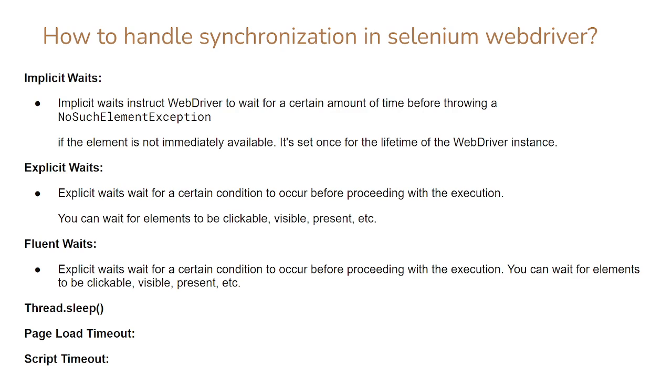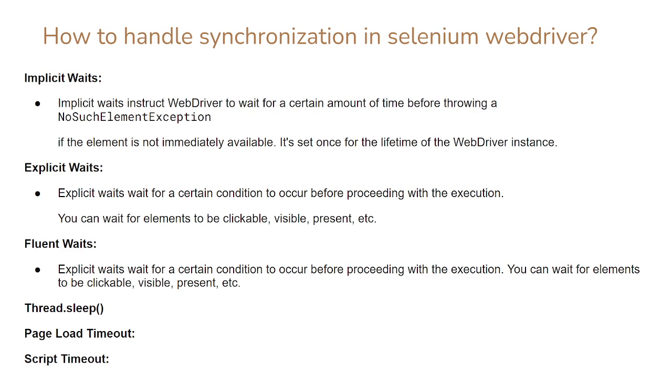Now next is explicit waits. Explicit waits allow you to wait for a specific condition to occur before proceeding to the next step. You can wait for an element to be clickable, visible, or present.